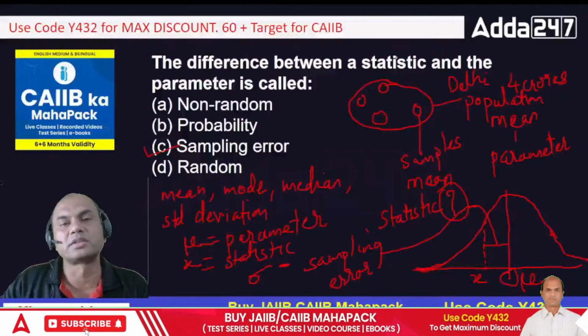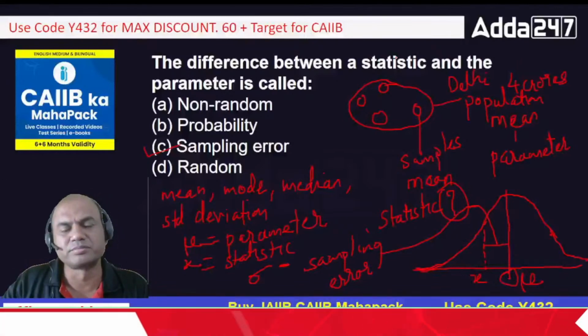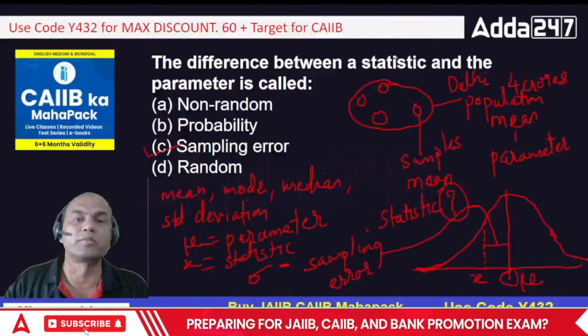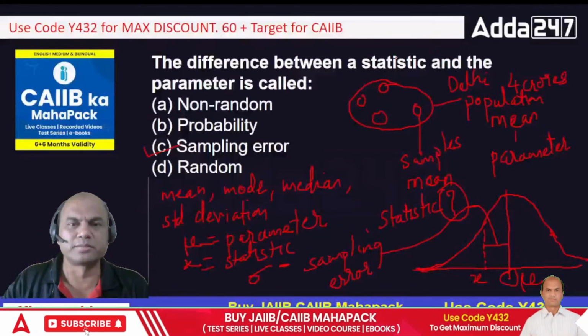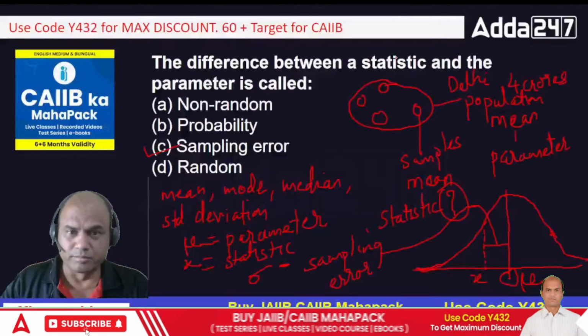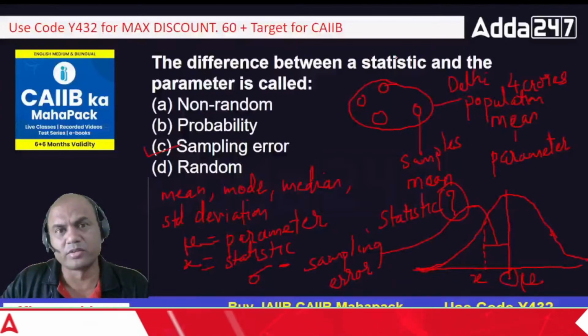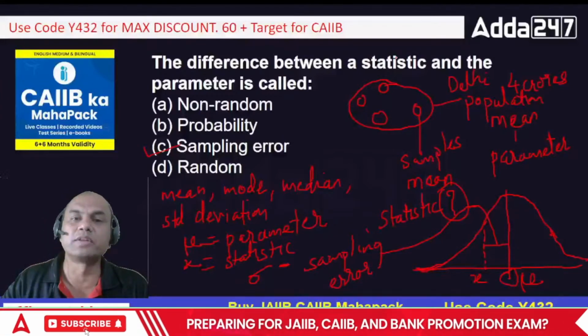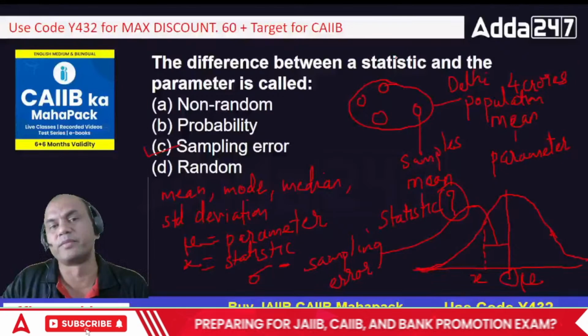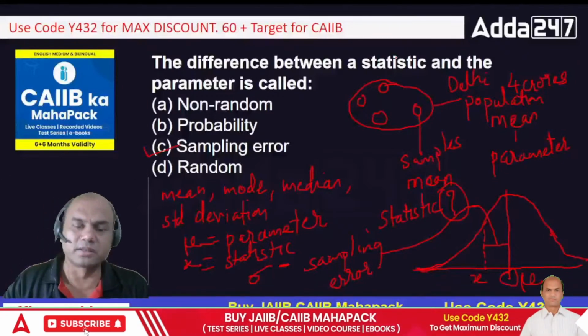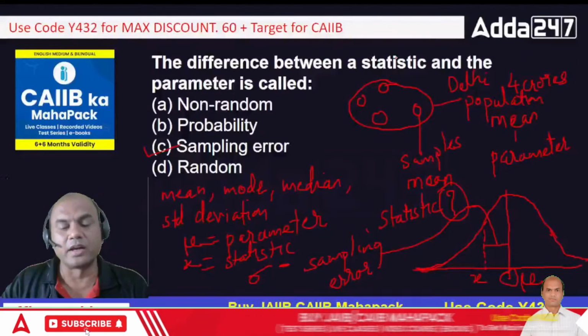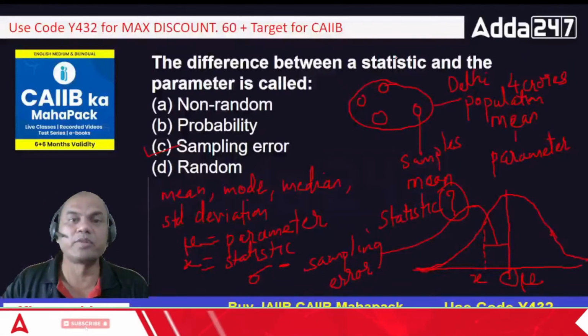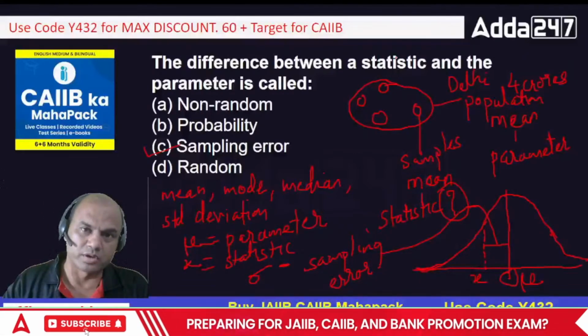Suppose I survey some pockets of Mumbai, let's say Kolaba, Mahim and Bandra. If I survey these three points only and find a mean, that will be called as what?